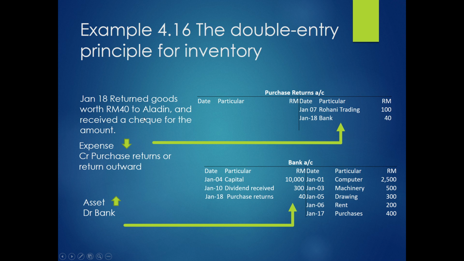Since the business return good to Aladdin and Aladdin give the business back a check amounted 40 ringgit, therefore asset bank increase. Asset increase debit. See in the debit side of the bank account, on the 18th January, there is the amount of 40 ringgit due to the purchase return made to Aladdin.